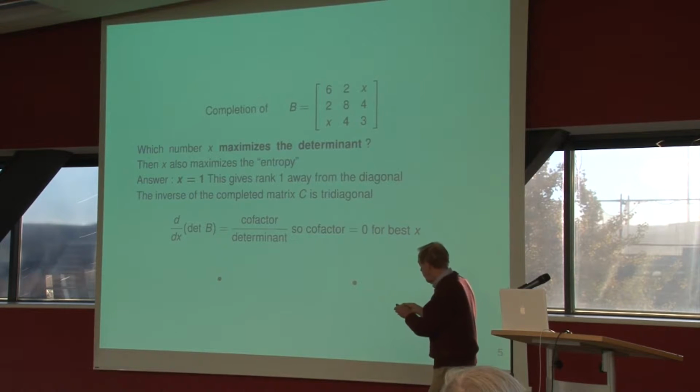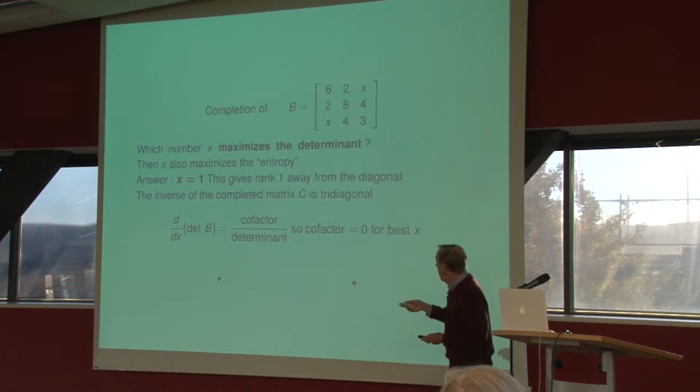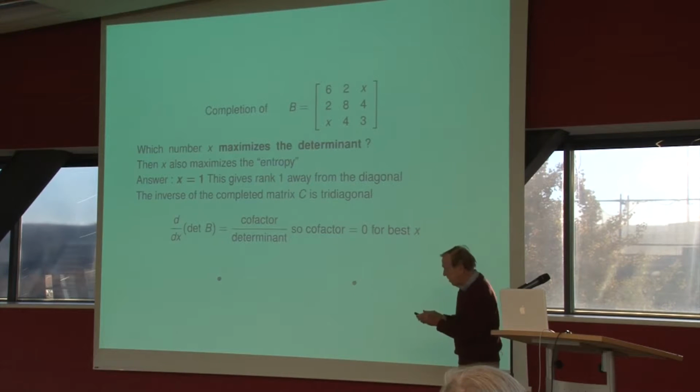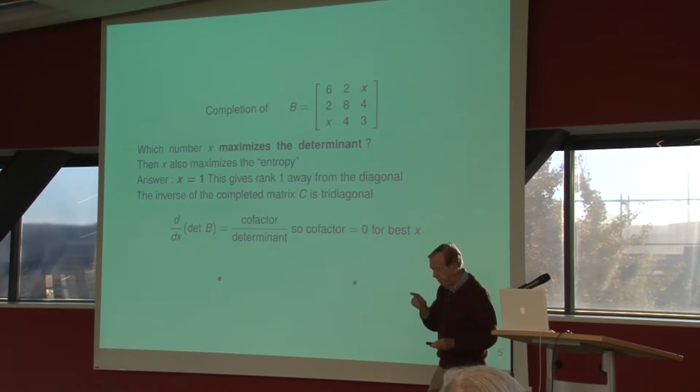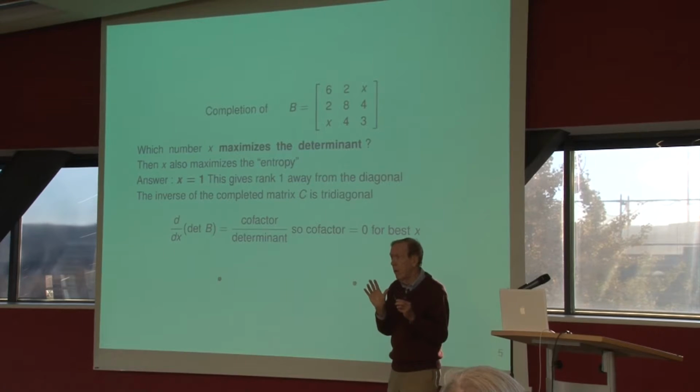Complete the matrix with the best x, and the best x is the one that makes those have rank 1. So that number should be a 1, so that 2 times 4 equals 8 times 1. And therefore, what do we now know?